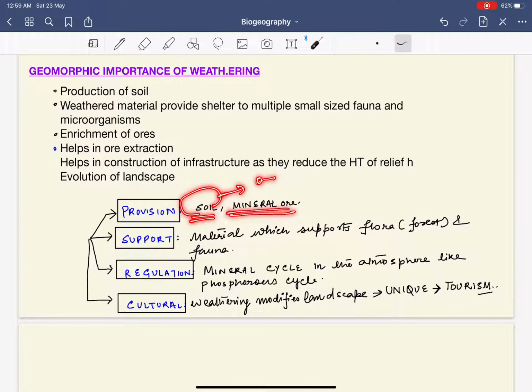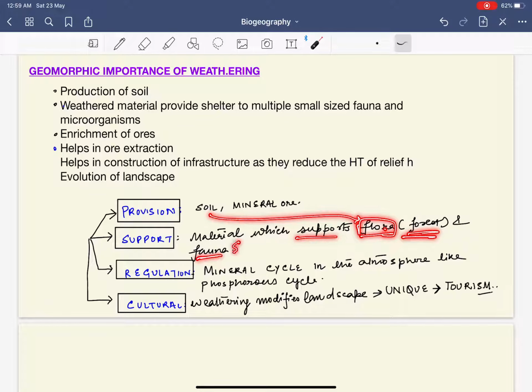Next, it helps us in deriving the mineral ores. Next, support services: it supports flora. Obviously, when we have the soil, soil supports the forest, and we have the fauna, small microorganisms such as earthworms and other creatures such as rodents that make burrows within the soil. This is also provided by weathering.